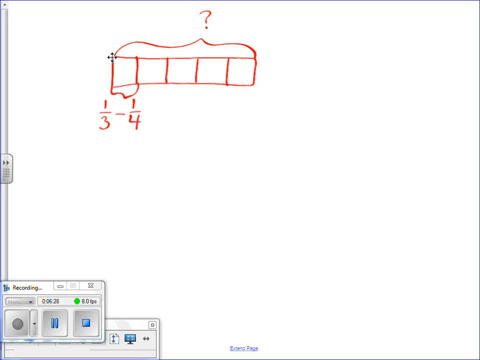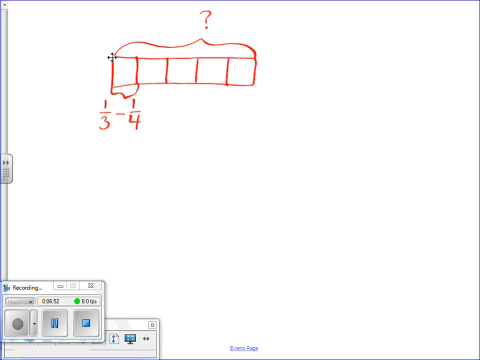How many pieces are there? 5. How many do we know? 1. We know 1. So if we know 1, do we know all of them? Yes. If these were regular numbers, if this one's 2, what's this one? 2.